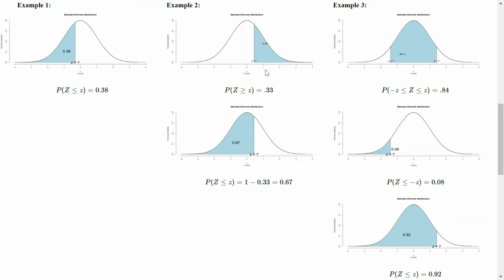The complement of this right probability 0.33 is 0.67, the left probability that results in the same quantile as the right probability 0.33. Last, the complement of middle probability 0.84 is 0.16 that we consider as leftover.